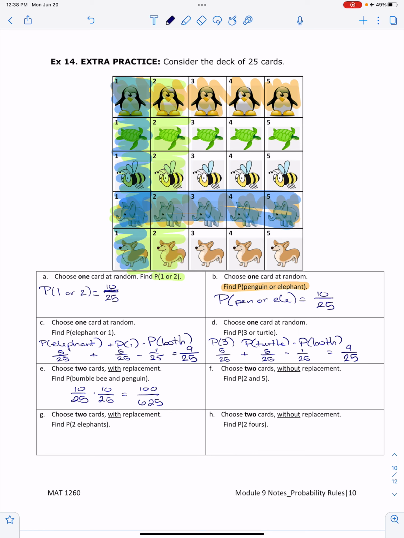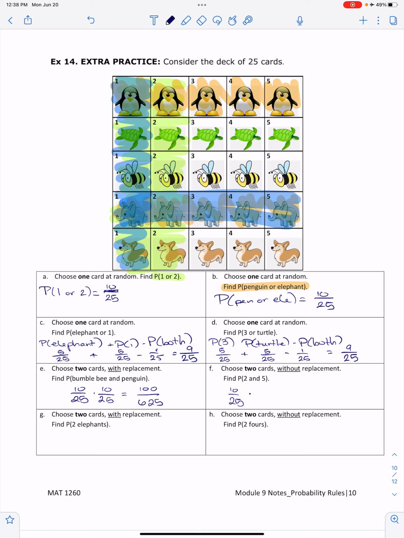F, we're choosing 2 cards without replacement. We want the probability we get a 2 and a 5. So on that first draw, I have 10 total cards, 5 2s, 5 5s. So the probability on the first draw is 10 out of 25. If I do not replace that card, I know I've already drawn a 2 or a 5.